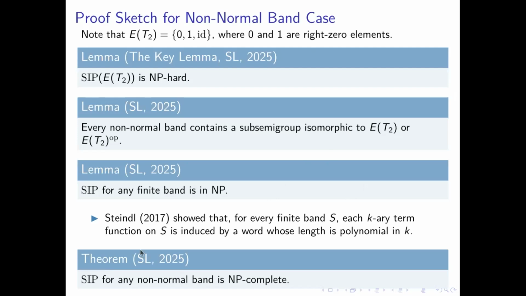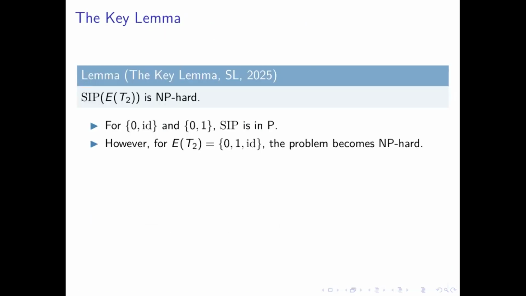And we use Steindl's fact that SMP for any finite band is in NP, so SIP is also in NP. Combining all these facts, we proved that SIP of any non-normal band is NP-complete.